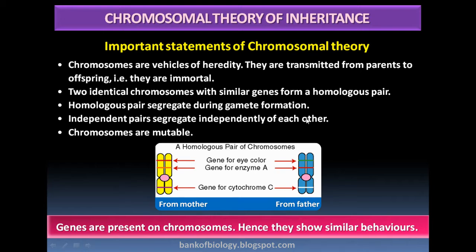Homologous pairs segregate during gamete formation, because gamete formation is the result of meiosis. During meiosis, in the anaphase, the pair of chromosomes separate out. And independent pairs segregate independently of each other. That means they are not always linked together, but they can segregate independently.